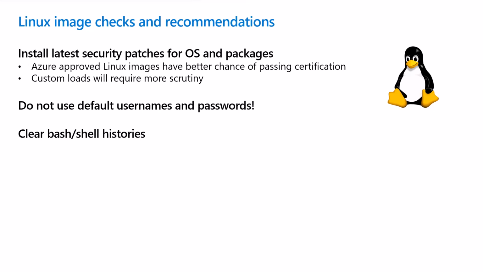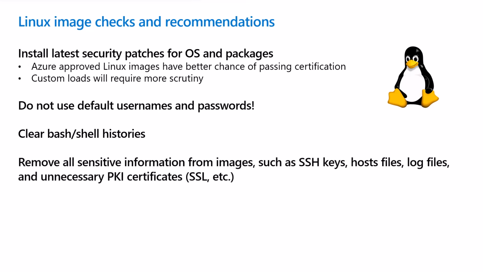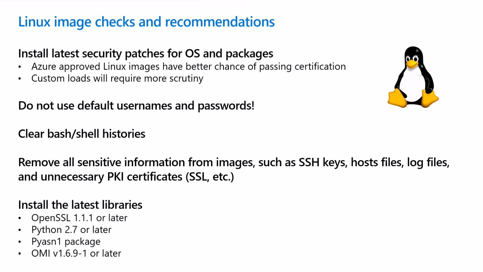So clear out your shell history before building the virtual machine into a reusable image. And just like Windows machines, remove artifacts added during solution installation or testing, and finally update solution libraries to latest known secure versions. Here are some examples shown on the screen: OpenSSL, the version of Python that you're using, etc.